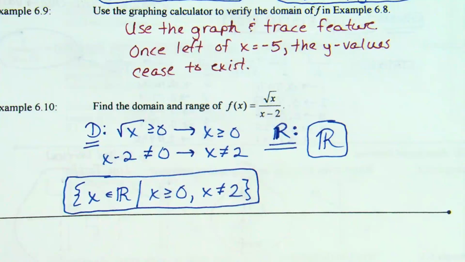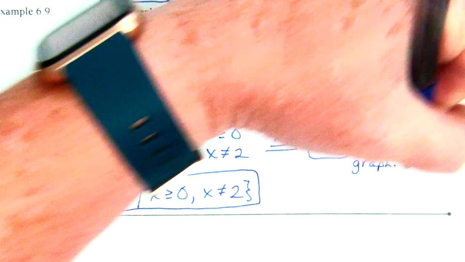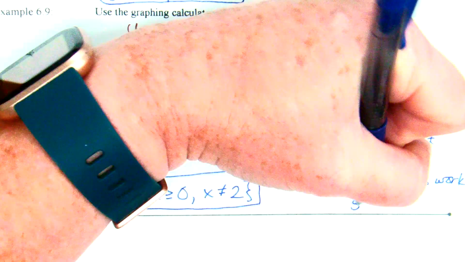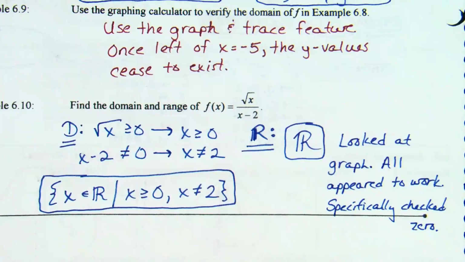We looked at the graph, right? All values appeared to work. And then we also specifically checked 0. And we could check 0 by hand by putting 0 in for x and seeing what happens.